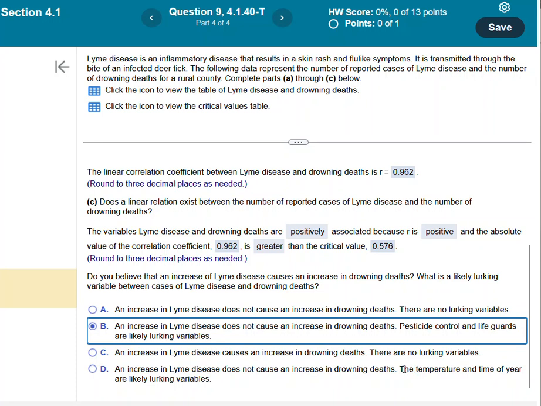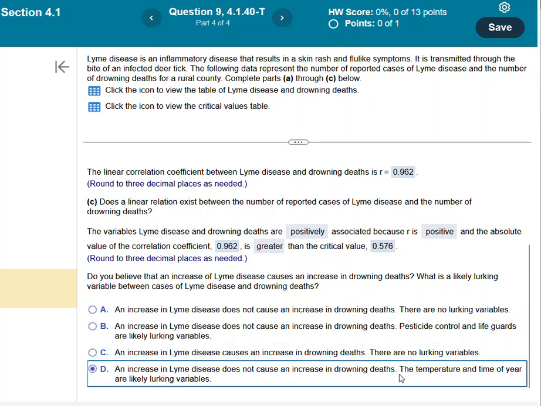Another one, the other lurking variables that are suggested are temperature and time of year. Are those possible variables that are related to both drowning deaths and cases of Lyme disease, which again is associated with bites from ticks, which occur in the summer? Okay, so I'll let you just think about that. And so with that, that's the end of the video.